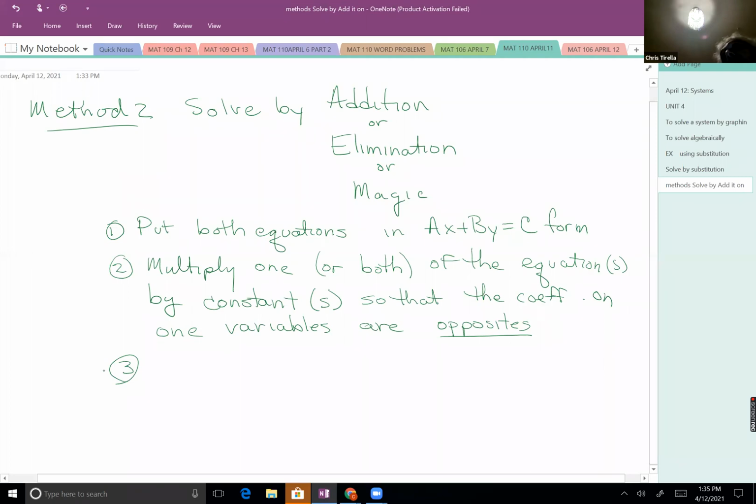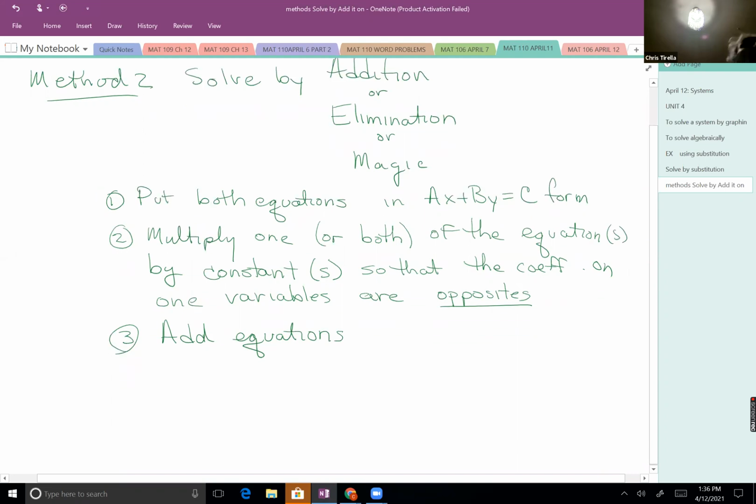Once they're like that, it's called the addition method because we're going to add the equations. When we add the equations, one of the variables should be gone. One of them should be eliminated or it disappears, which is why I call it magic.